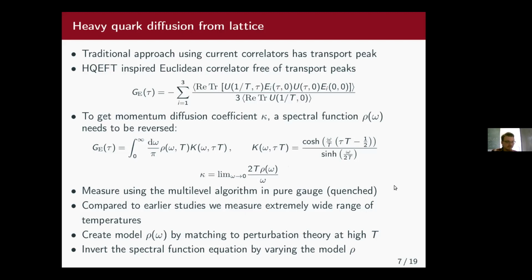This has been done before, but what we have done differently from everyone else is that we included a very wide range of temperatures, which allows us to fit the temperature dependence for the first time. Instead of inverting the spectral function, we will just have different models for the spectral function. We vary the kappa inside the spectral function, numerically integrate it, and compare it to the lattice data.